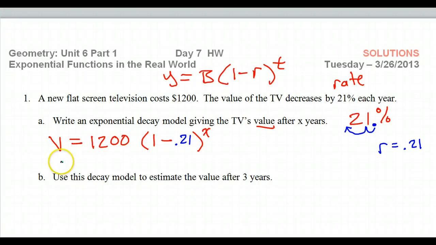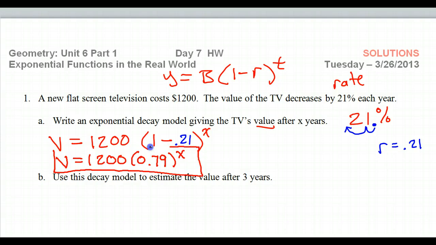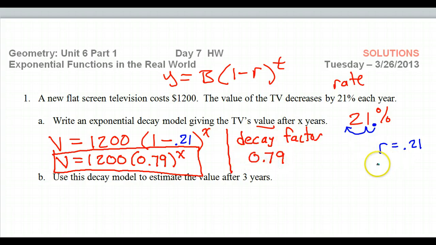So the model would be written like this: 1,200 times 0.79 to the x power. Okay, so this is the model. This is how you should write it. Okay, so notice, just practicing our vocabulary, the decay factor is 0.79, and this is the decay rate.